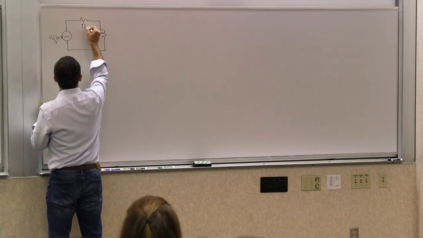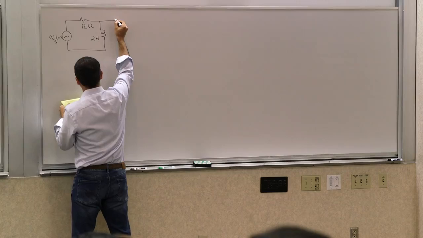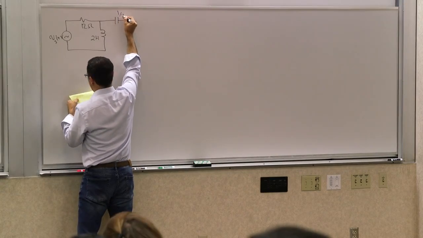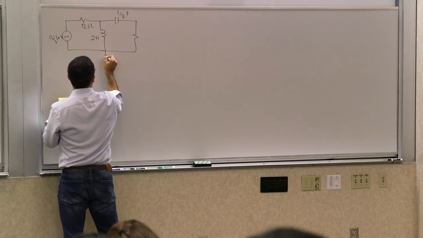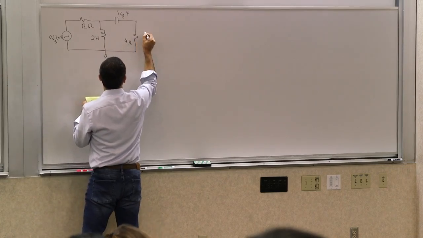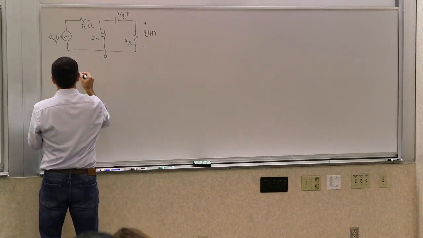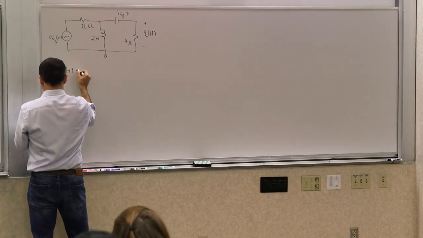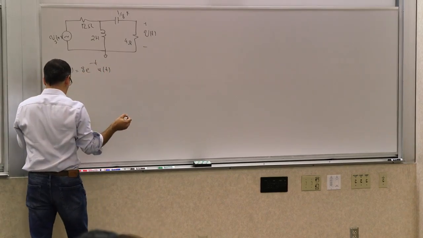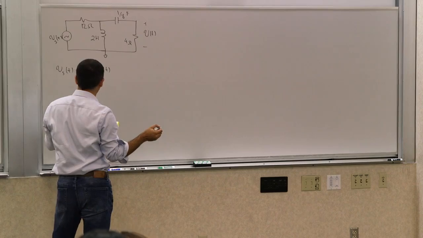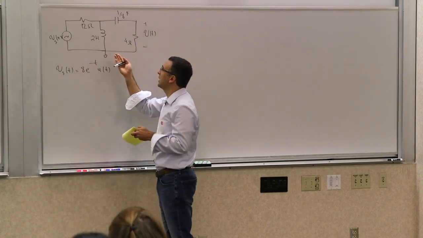You have a 12 ohm resistor, a 2 Henry inductor, a 1/8 farad capacitor, a 4 ohm resistor, and this is your V of t, the output. And let's say Vs of t is 8 e to the negative t u of t. And I want to find what the output voltage is. So this is a transfer function kind of thing that we can calculate.